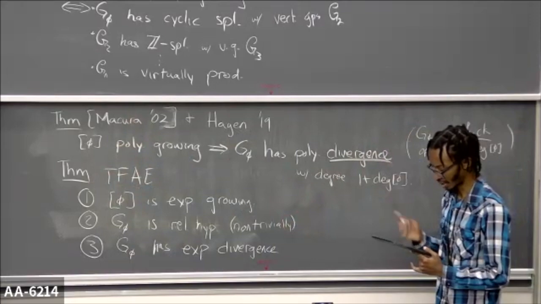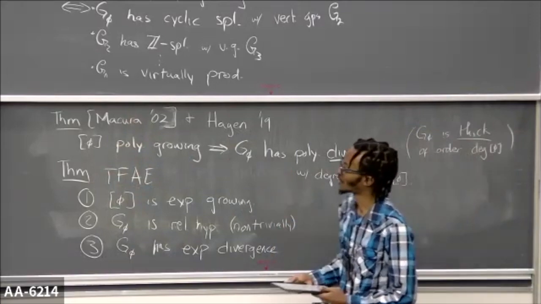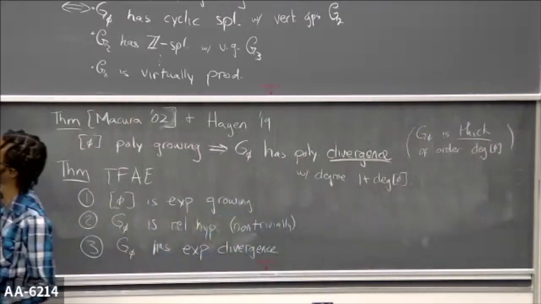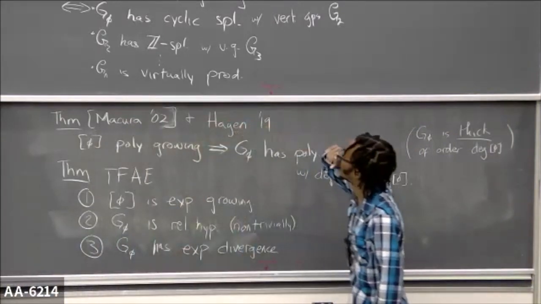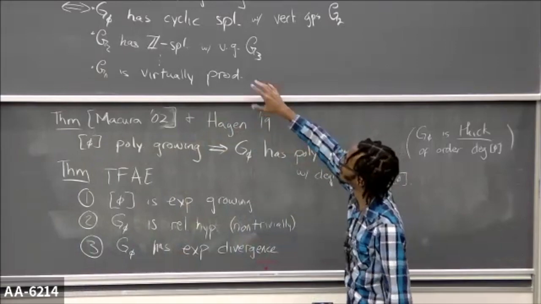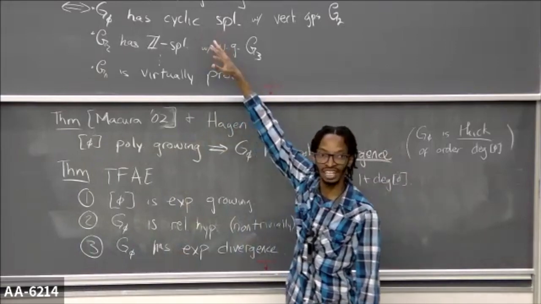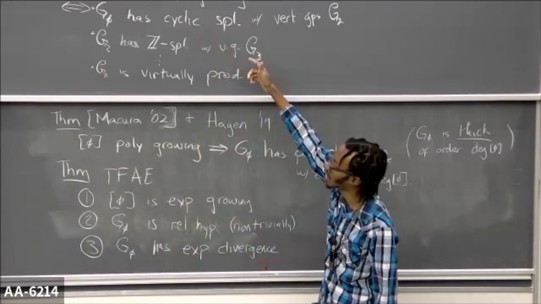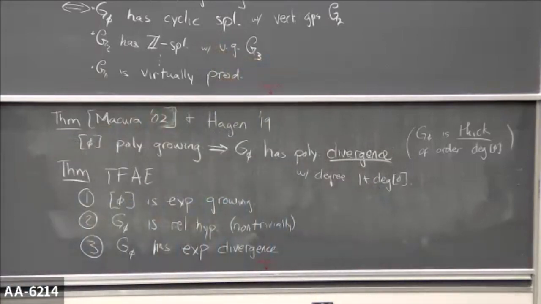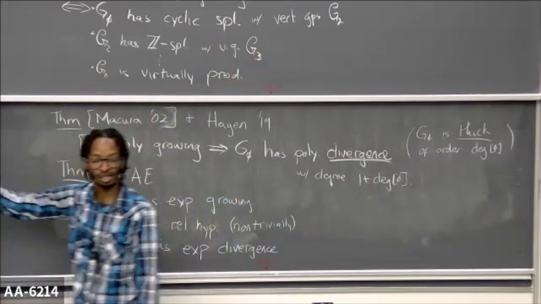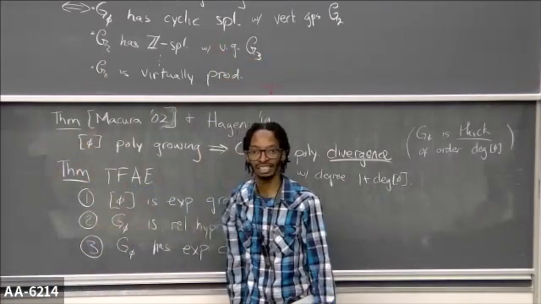And so I would suggest, if you can prove this, to just sort of finish this up, Papasoglu proved that having a cyclic splitting is a QI invariant. And in fact, in this setting, that minimal subgroup system is unique, is also sort of like a QI invariant.